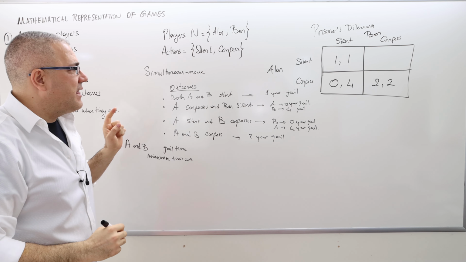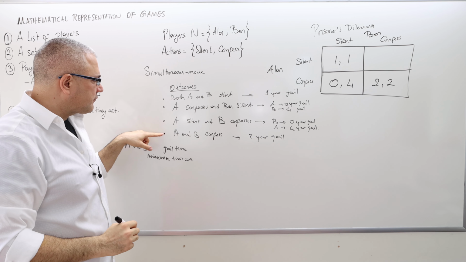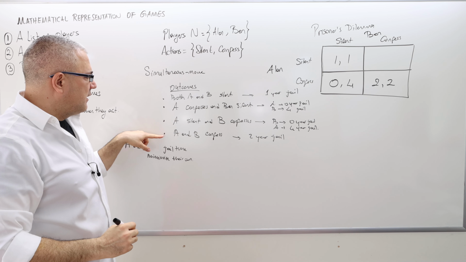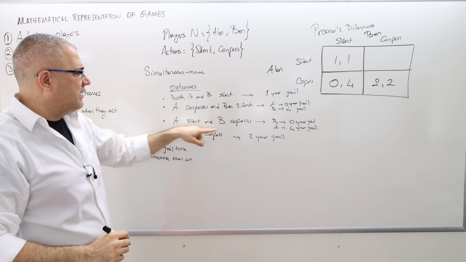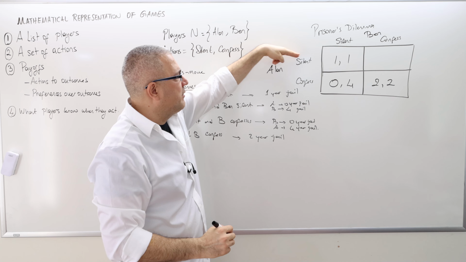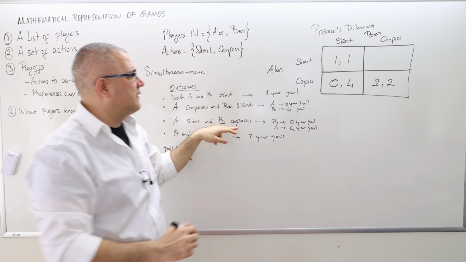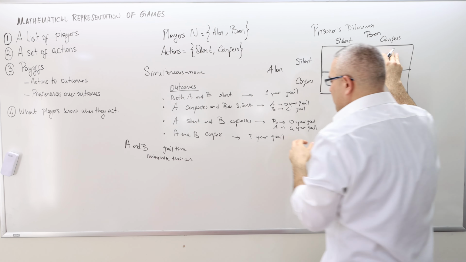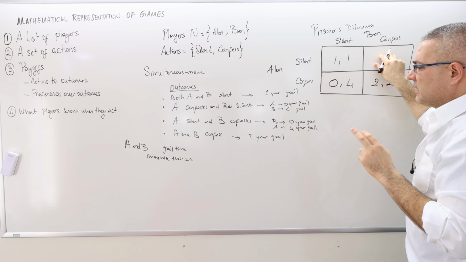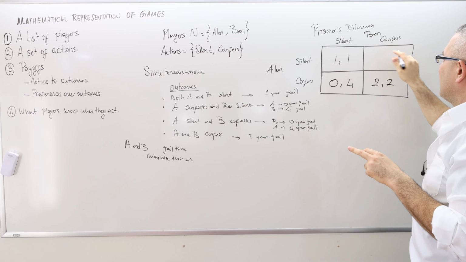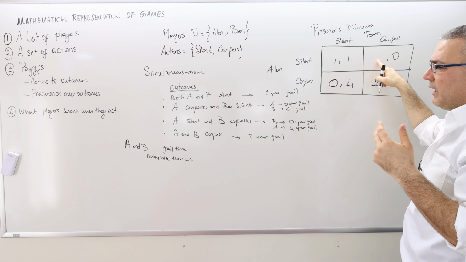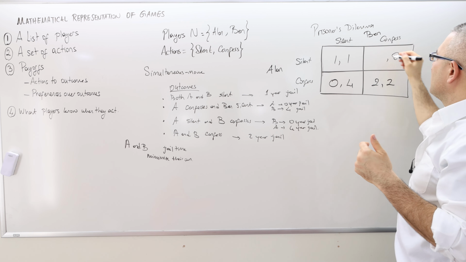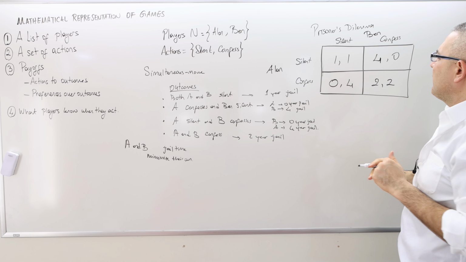And then finally, if Alan remains silent and Ben confesses, well, the only remaining box is this one. The confessing player, Ben, is going to get 0 years, and the one that remains silent gets 4 years. Okay?